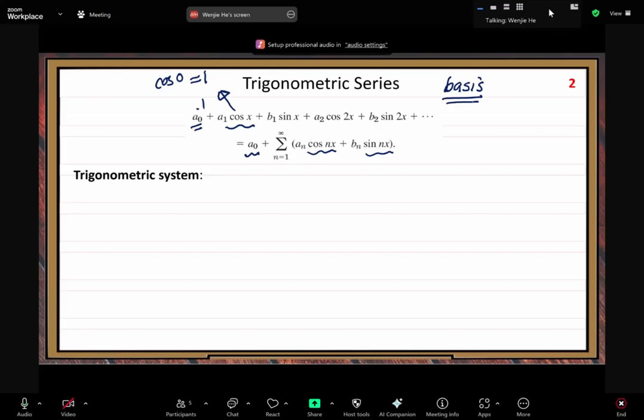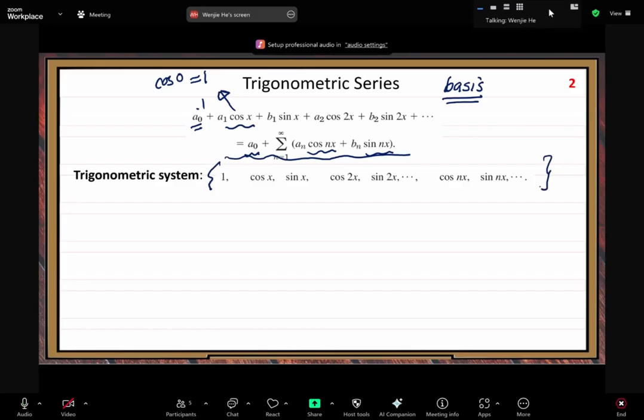A lot of places we use this basis concept. Here, we need to use this basis concept again. Look at the system. All these functions we use to define a trigonometric series, we put them together, so we form a trigonometric system.